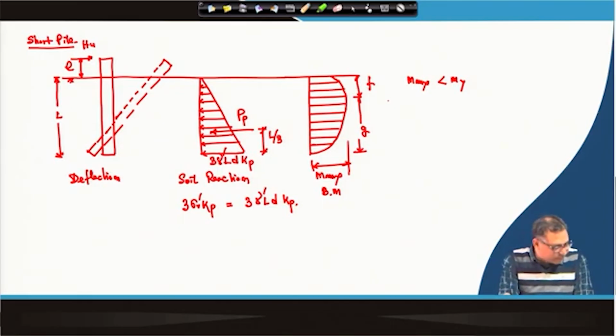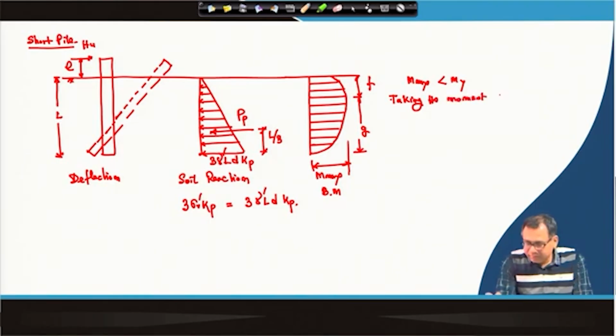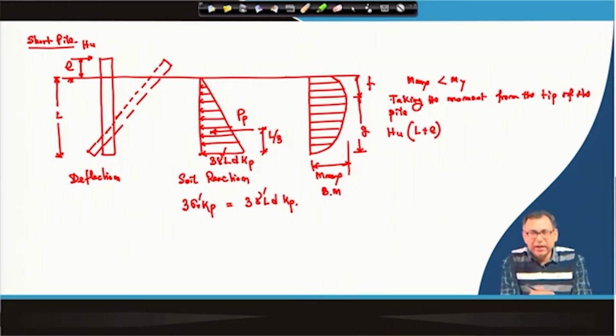If I take the moment from the tip of the pile, then this will be H u into L plus E, that is the moment, and the counter moment will be equal to P p into L by 3.